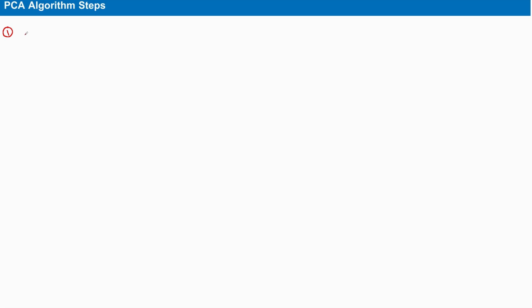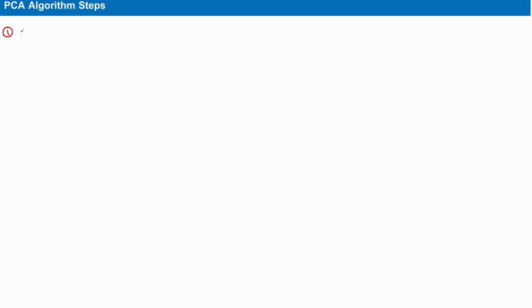Because if your features have very different scales, then in PCA it is not only computationally very expensive, but the projection error will also be higher. So the first step of PCA is either scale the features or do mean normalization.